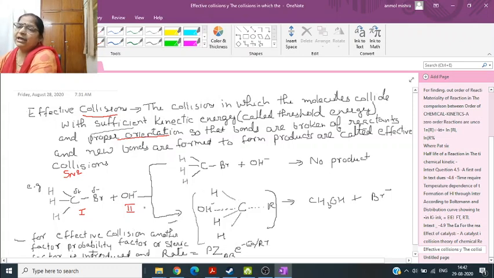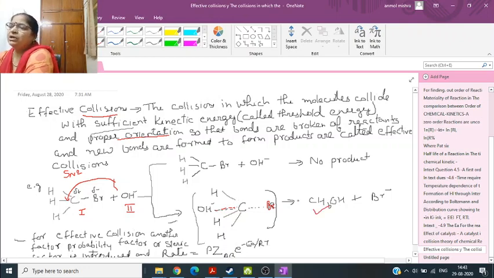But if this OH attacks from the back side, then you can see that a new bond starts forming, and the nucleophile starts reaching this carbon center, and this Br starts leaving and forms the product.